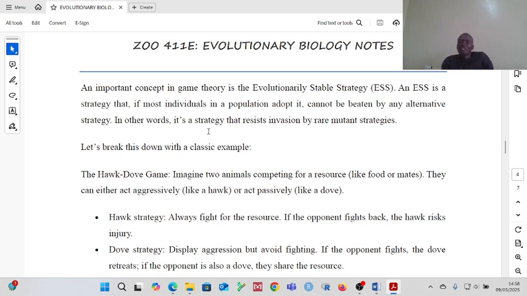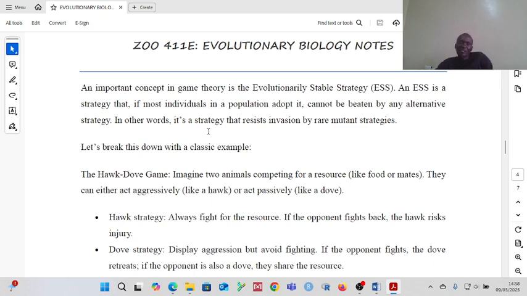So it will be the best strategy for that particular population. And once it has adopted that evolutionarily stable strategy, there cannot be any other better strategy that that population can adopt. So it is evolutionarily stable because it withstands evolution for a long time.